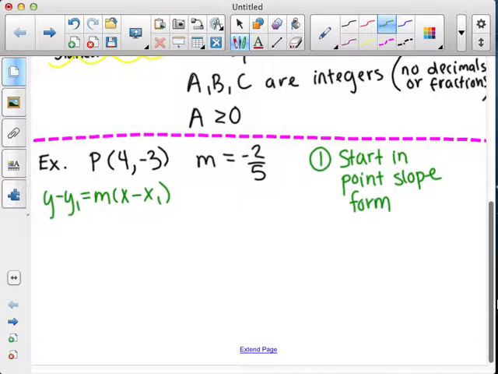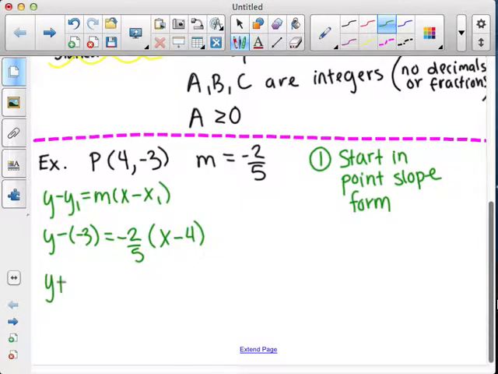So my y is negative 3, so I have y minus negative 3 equals m, which is negative 2/5, times x minus 4. And we're going to ask you to write your equations in all three forms.